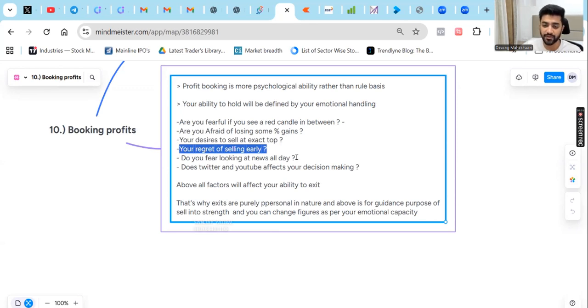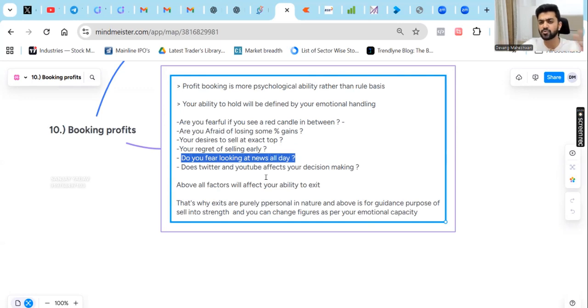Regret of selling, we talked about. Now, next question is, do you fear looking at news all day? You say you are holding a stock which is at 30% profit, and there is suddenly some news coming in on Moneycontrol, on Twitter, some XYZ handle with XYZ followers writing that this is about to fall, this is happening, bad. Huge articles on why this company may not work in future, why they will lose XYZ contract.